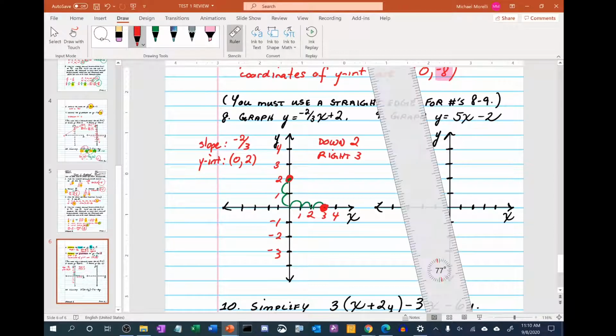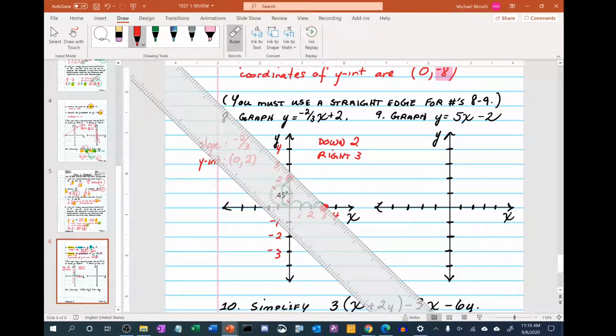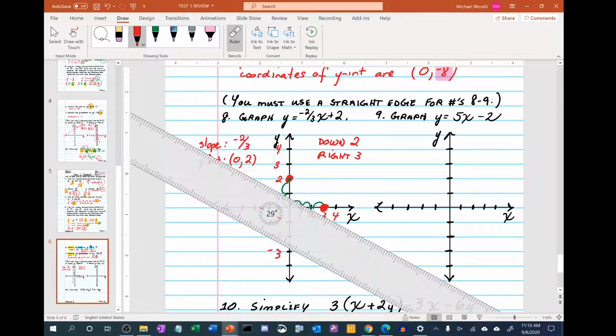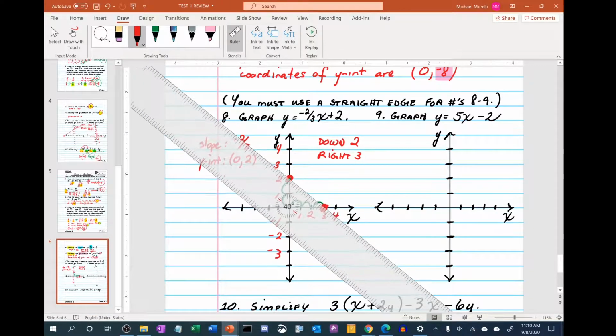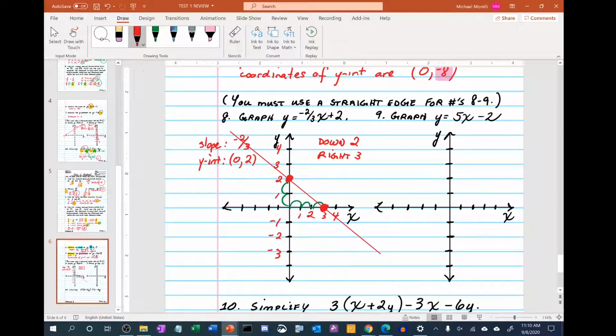And here comes the straight edge. Straight edge is so important. We're going to put the line in just like this. Make sure you put those arrowheads. Make sure the line goes all the way across the graph. That indicates that it goes on forever in both directions.